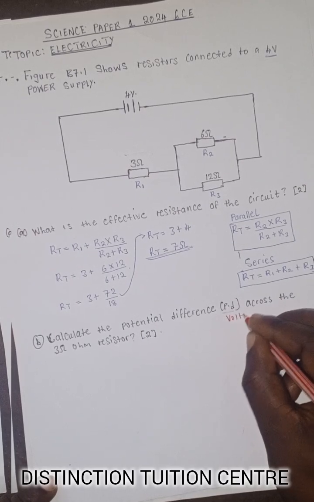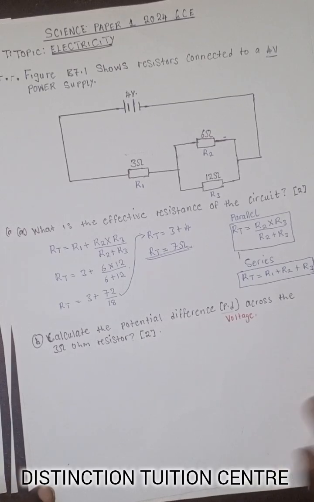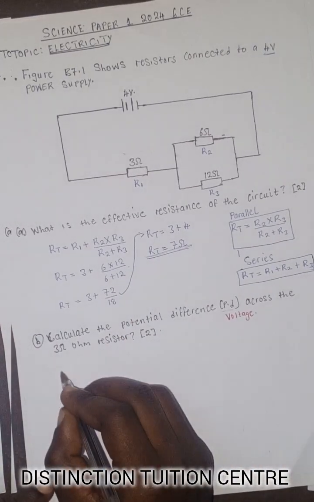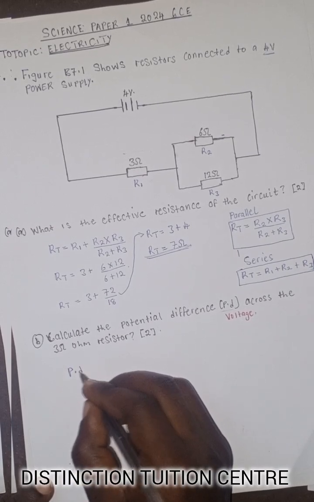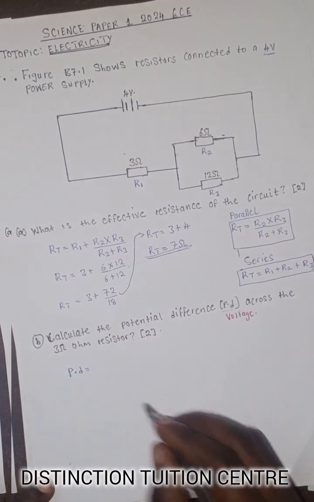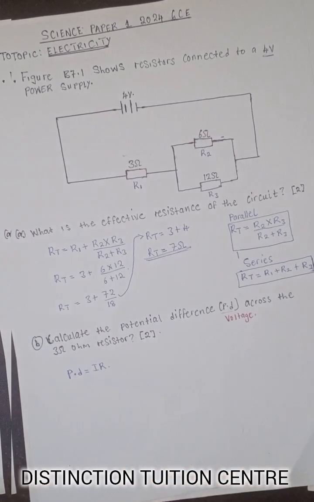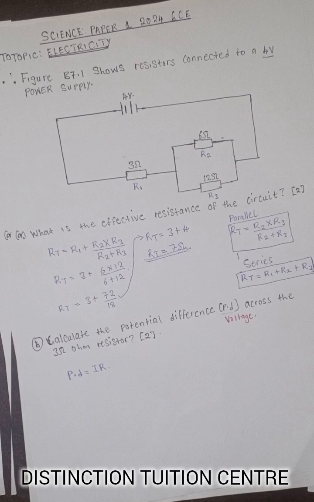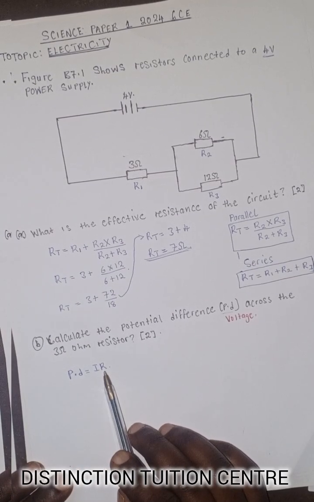Remember the formula: the potential difference is equal to the current multiplied by the resistance.